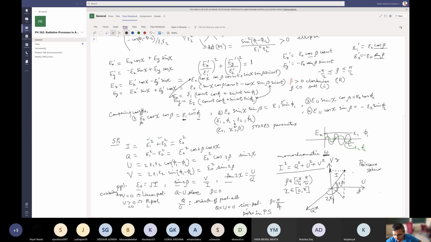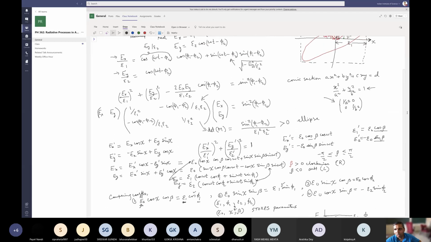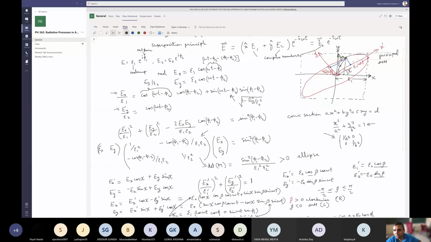V greater than 0 means 2 beta is between 0 and pi by 2, or beta is between 0 and pi by 4. Let's go back to the ellipse. Epsilon 1 prime is epsilon naught cos beta, and epsilon 2 prime equals minus epsilon naught sine beta. So if beta is between 0 and pi by 4, this is negative.